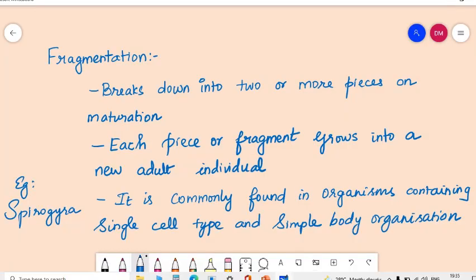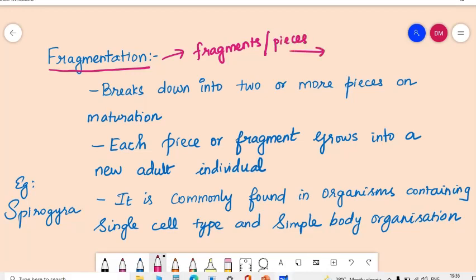Now, this is the next method of asexual reproduction that occurs in certain organisms, which is termed as fragmentation. Which means they form fragments or pieces, and these fragments or pieces would grow and develop into an individual adult organism.